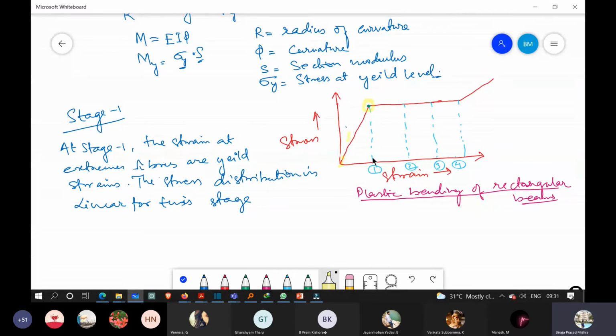After this point, if we further increase the moment, let us talk about stage 2.